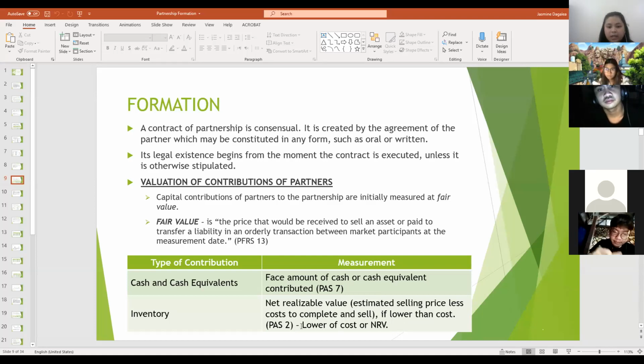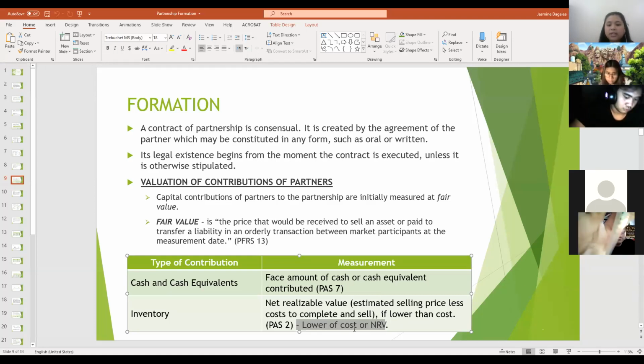So this is the only thing you need to remember: lower of cost or net realizable value. The cost is the actual cost at which you bought the inventory. The NRV is the selling price less cost to complete and sell. The lower of the two.